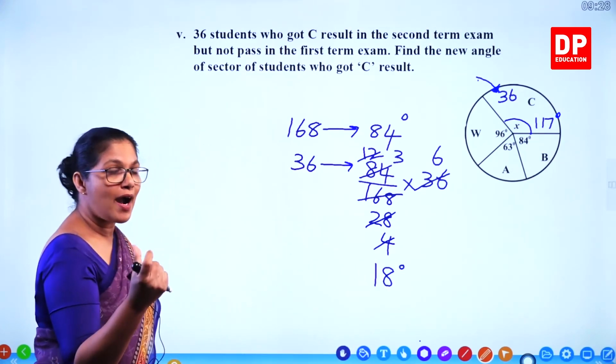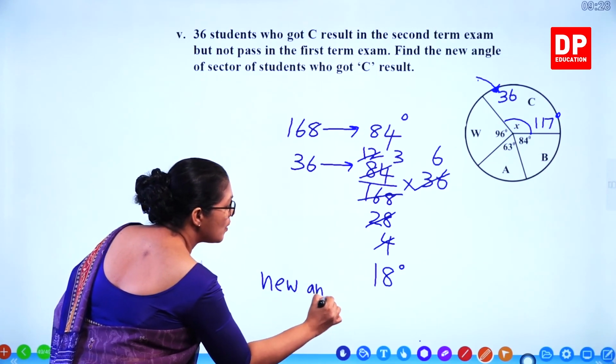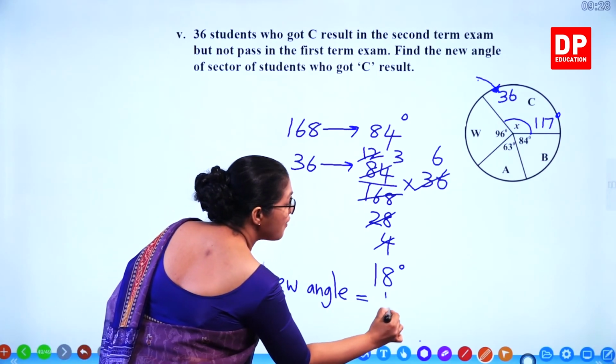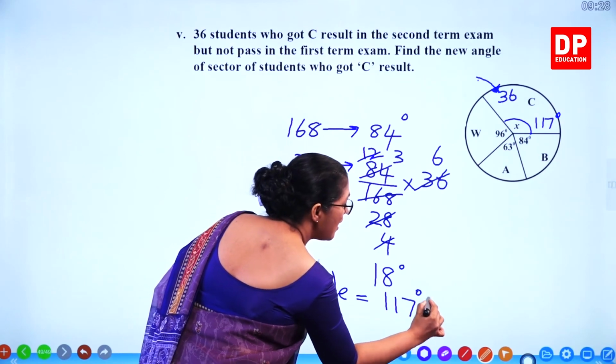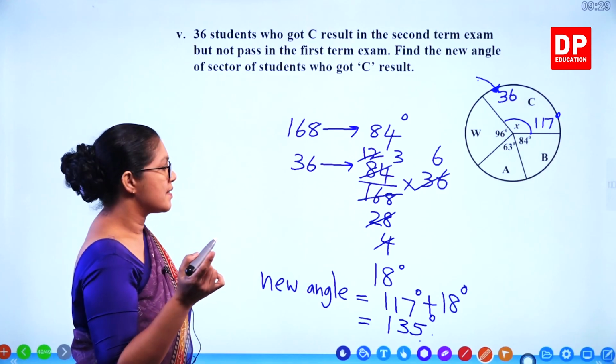That's the new part. So what's the new angle? New angle is equal to earlier 117. Now we need to add 18 degrees to that. 15, 3, 1. So now the new angle is 135 degrees.